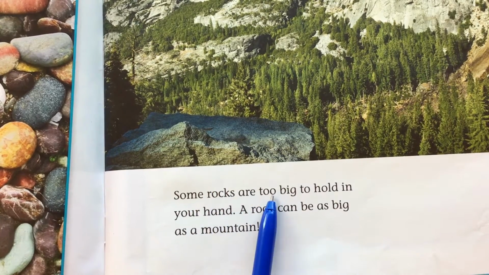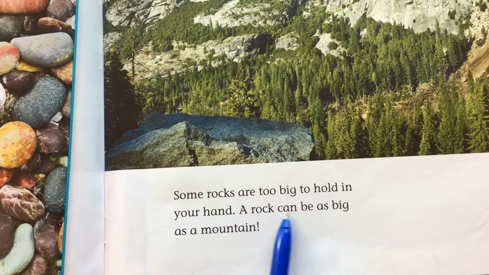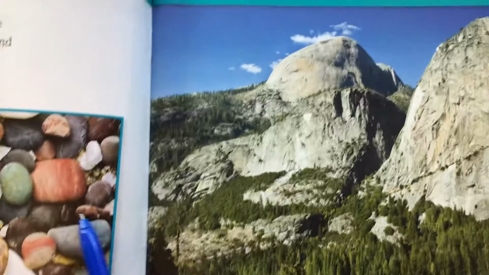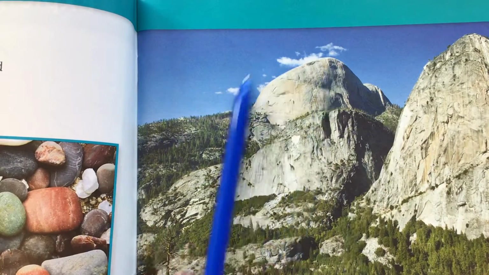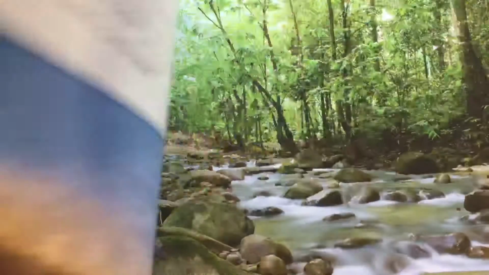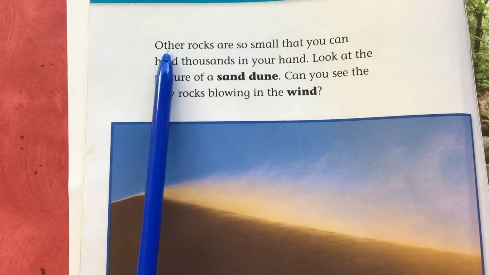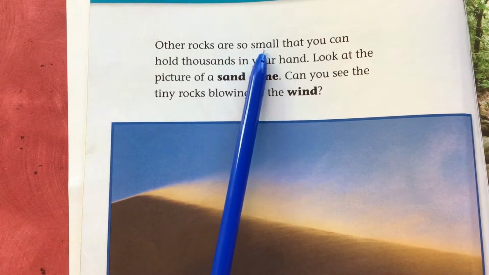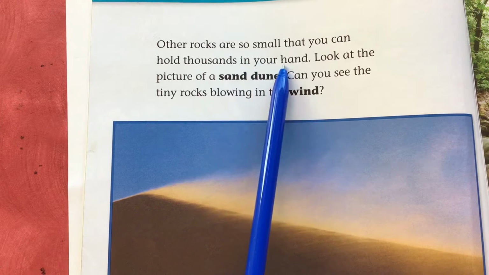Some rocks are too big to hold in your hand. A rock can be as big as a mountain. So if you look at the picture, here is a rock and it's as big as a mountain. There's no way you could hold that in your hand. Page 6. Other rocks are so small that you can hold thousands in your hand.